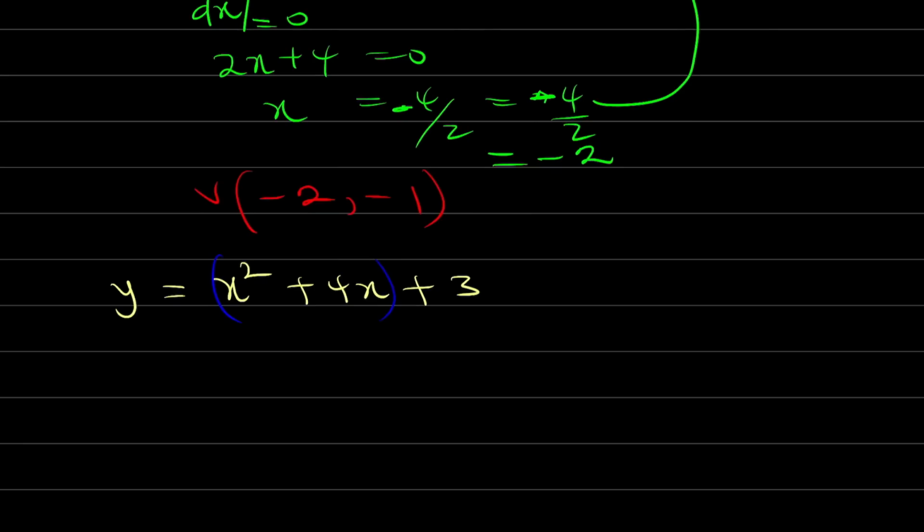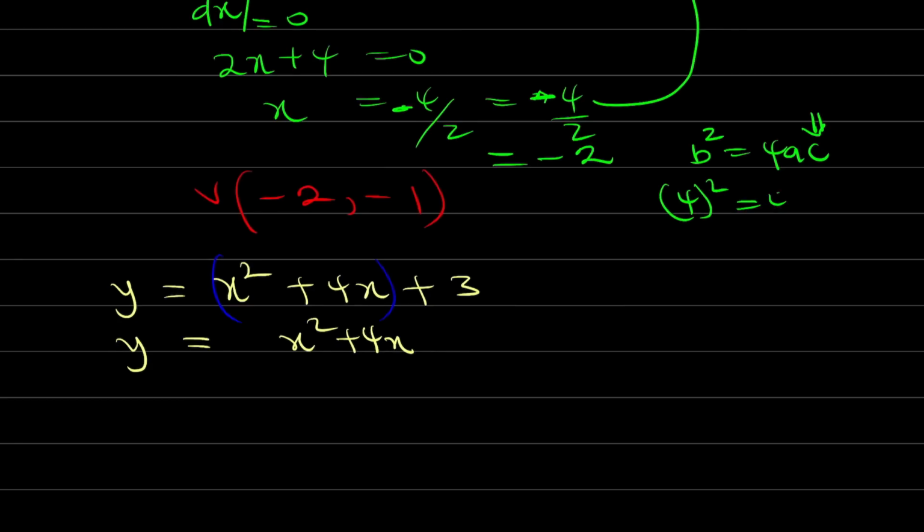So if I have y equals to x squared plus 4x, what needs to be added to x squared plus 4x to make it a perfect square? You are going to use the simple b squared is equals to 4ac. In this case, we are looking for c. Our b is 4, so 4 squared is 16, then 4 times a, which is 1, then times c. So this is 16 is equals to 4c, and our c is simply 4.